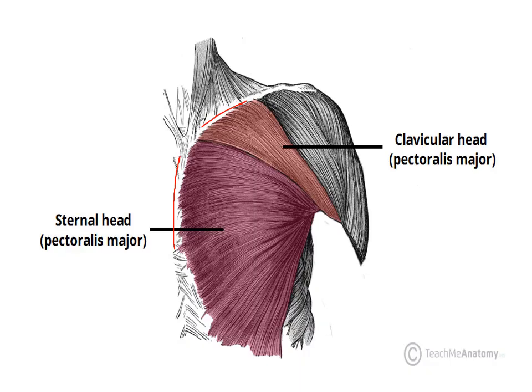In terms of insertion, both the clavicular and the sternal head will insert as a single tendon on the lateral lip of the intertubercular sulcus, or what we call the bicipital groove of the humerus. As you can see, both the sternal head and the clavicular head would join together as a single tendon inserting at the humerus, and particularly inserting at that lateral lip of the humerus.